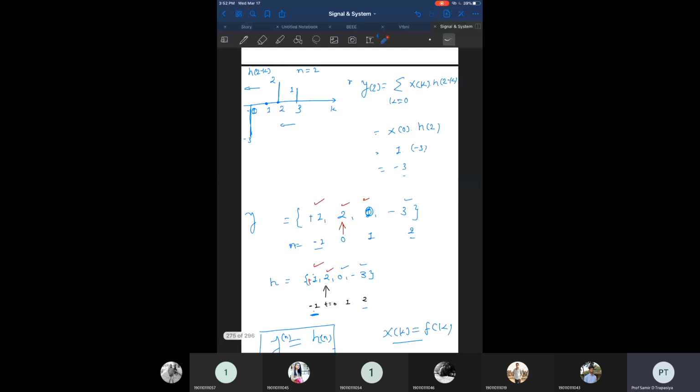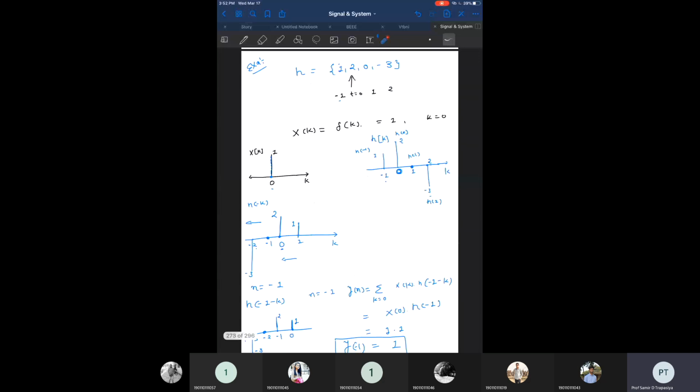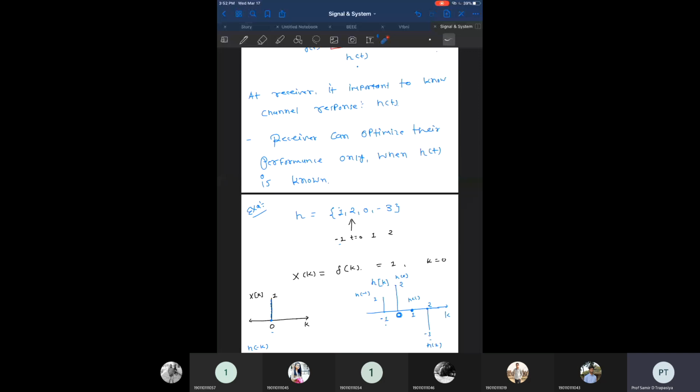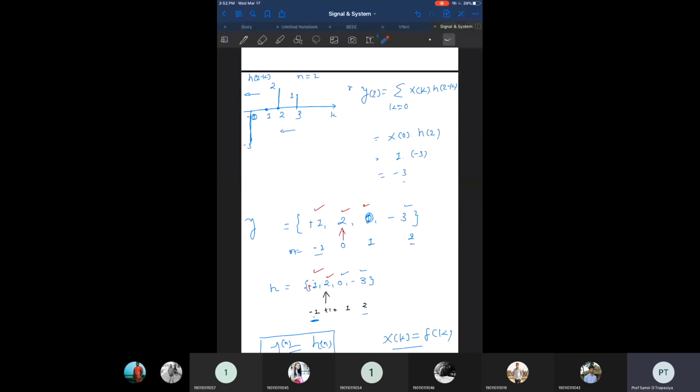If we consider our input signal as delta of t, the unit impulse signal, then whatever y is obtained as the output of the convolution between the input signal x of t and the system response h of t is exactly similar to the system response h of t.